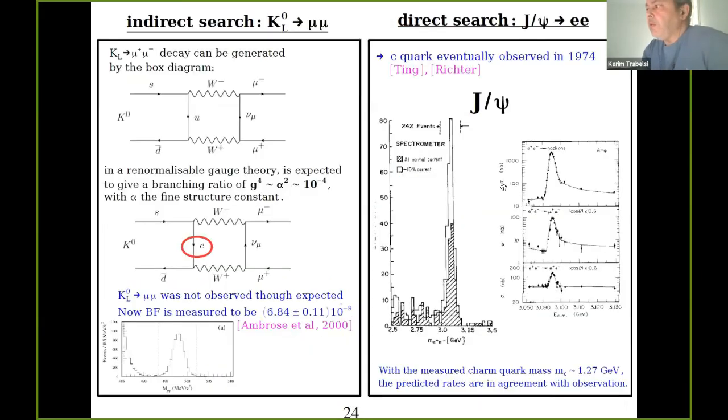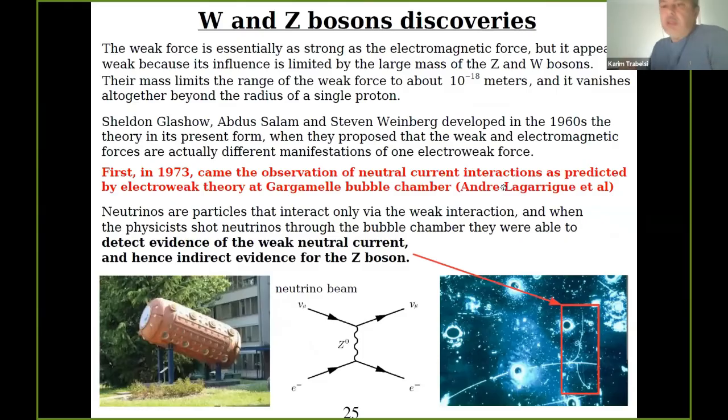Okay, so just in summary, very quickly, I also try to illustrate another of these indirect searches, which came before the direct search and kind of enhanced our trust or belief that we are on the right path.